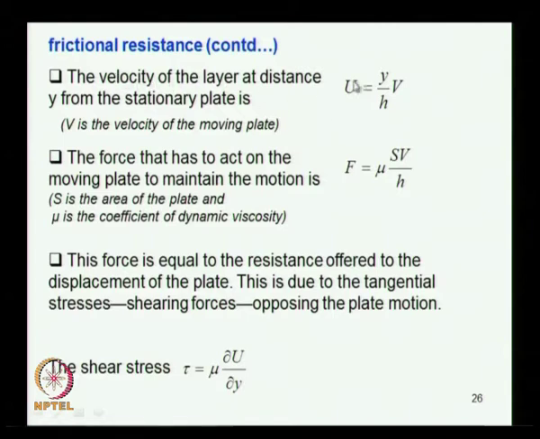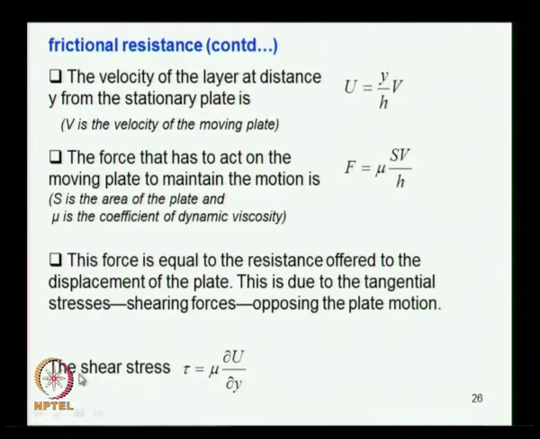The velocity at any distance is u equals y by h into v, because it is a linear variation. The force F is equal to the dynamic viscosity mu into S into V by H. S is the surface area of the plate, and V by H gives the velocity gradient here.